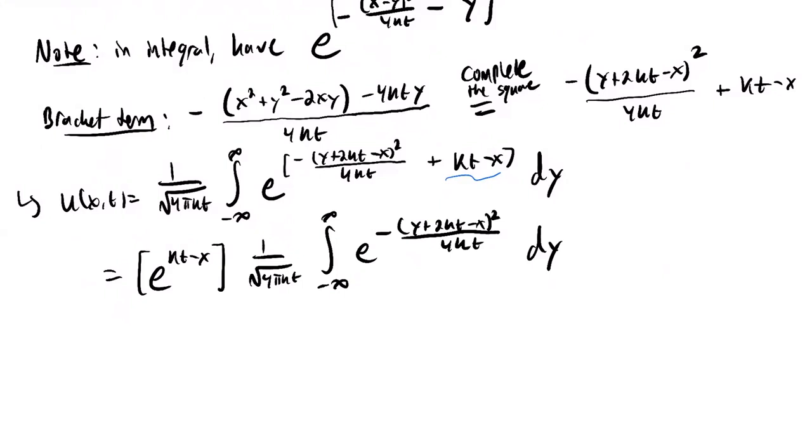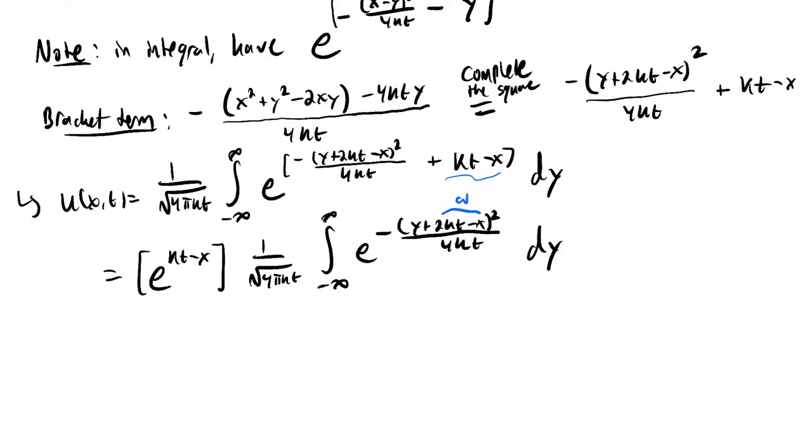Right, and so this may look very complicated, but the idea here is, now I can notice that I'm integrating with respect to y from minus infinity to infinity. And in the parentheses, in the term that's squared, I just have y shifted by some other number, which let me call w, where w is 2kt minus x.